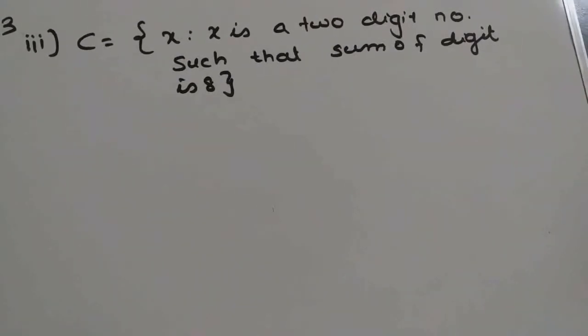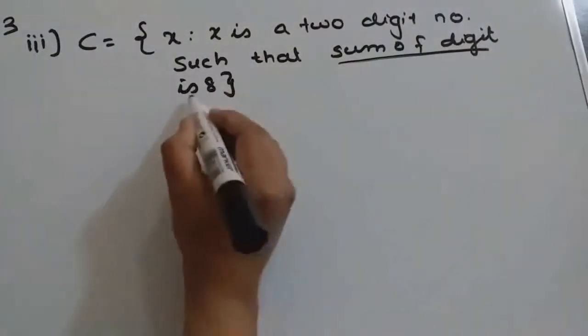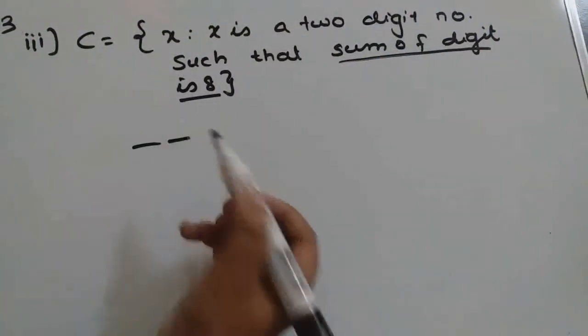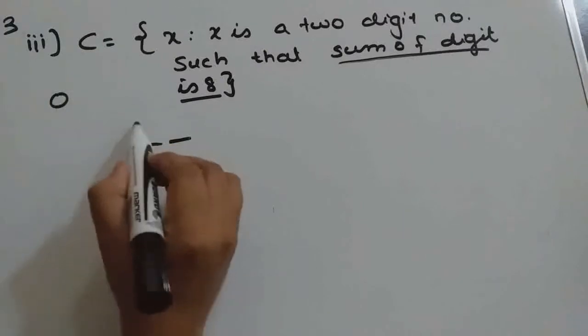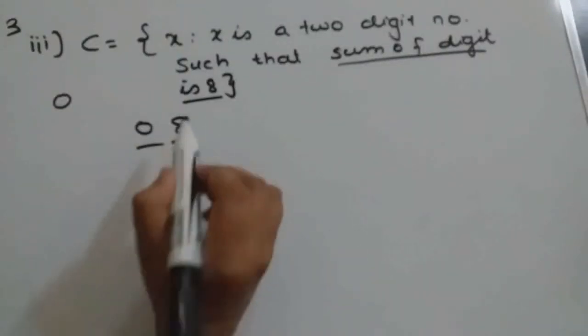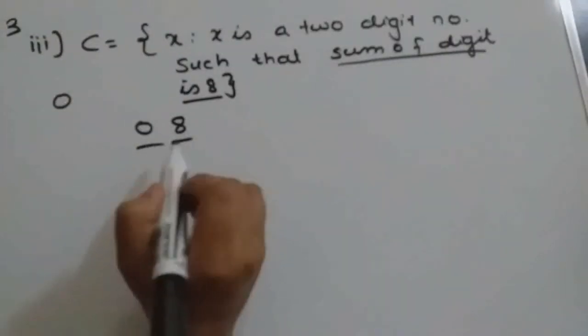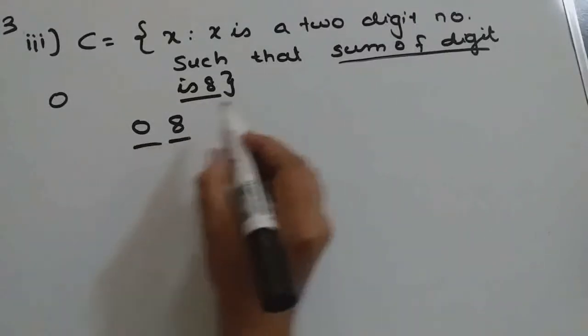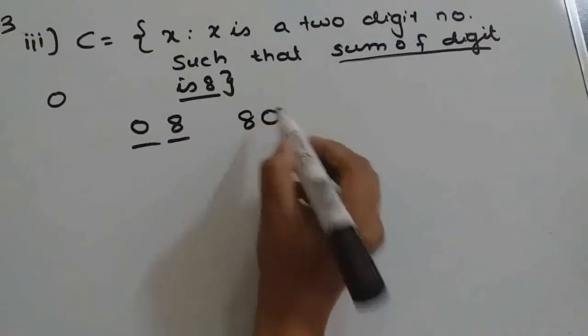See, in this question C, x is defined as a 2-digit number such that the sum of digits is 8. Suppose we start with 0, so 0 plus 8, the summation will be 8. Then interchange the numbers, we will get 80.